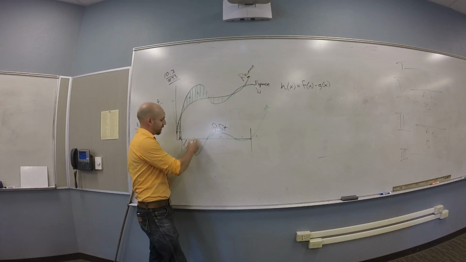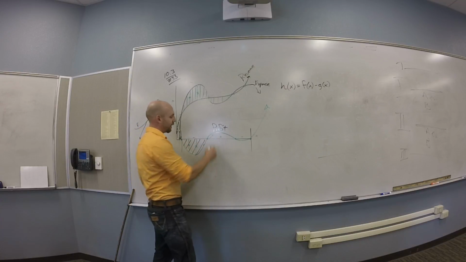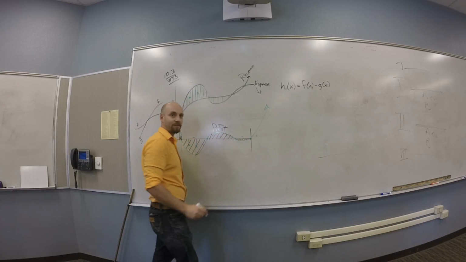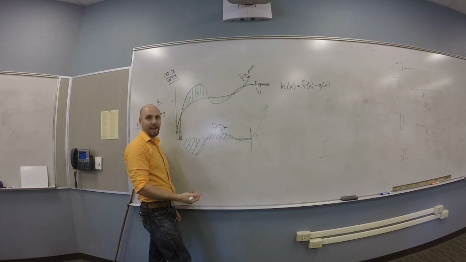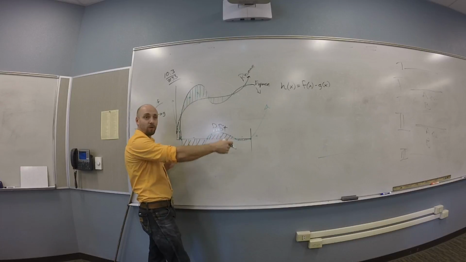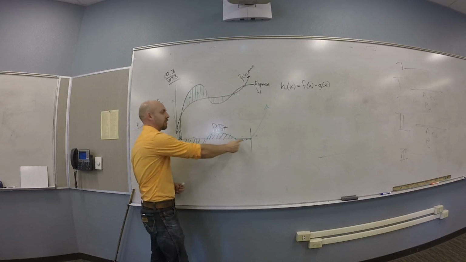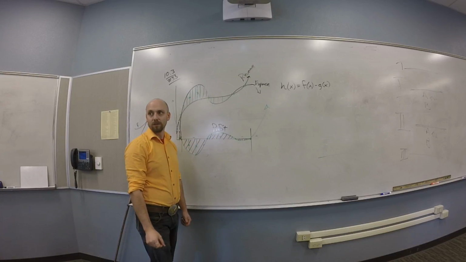Well, that would be this, it counts as negative, and then there's this area here that counts as positive, and then this area here that counts as negative. So it looks like I'm making a net negative. So I lost money over the course of my recession, and how much is just the area of this plus the area of that minus the area of this. You guys cool with that?